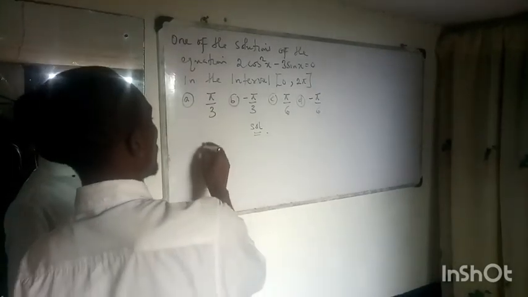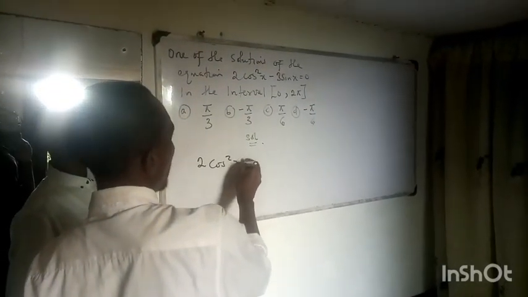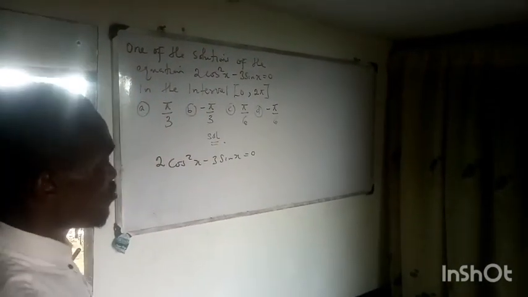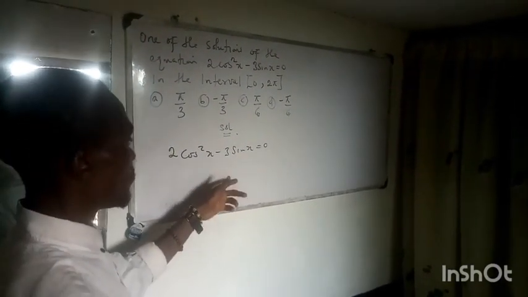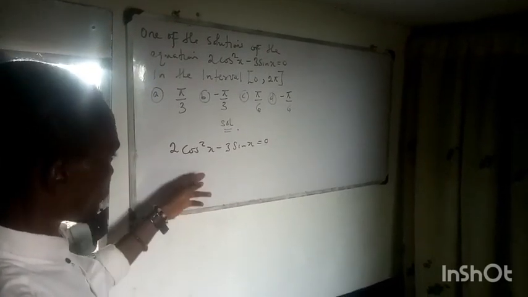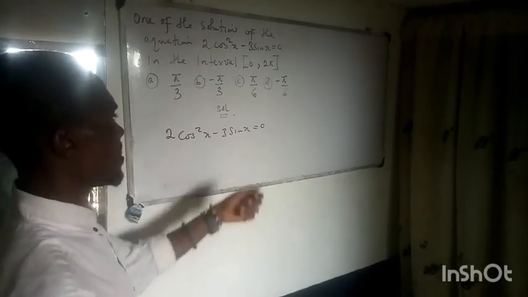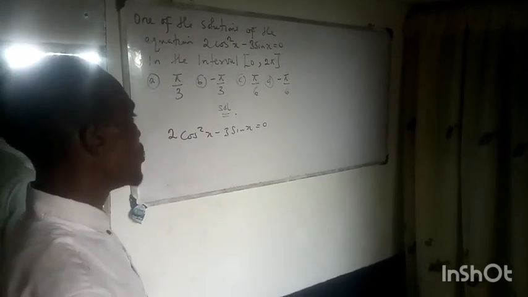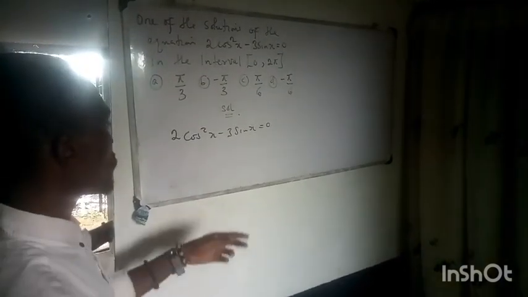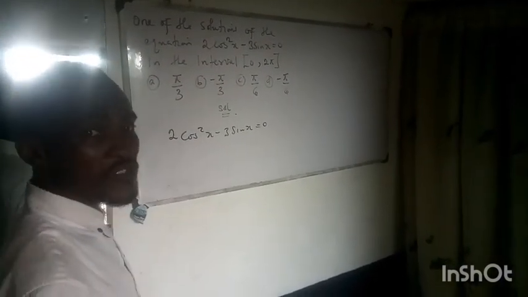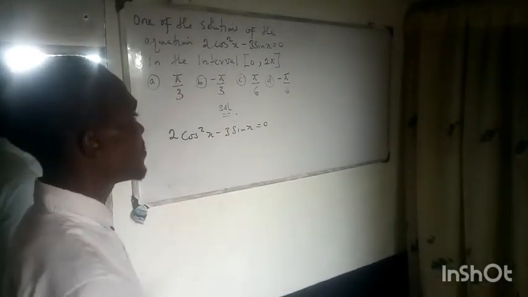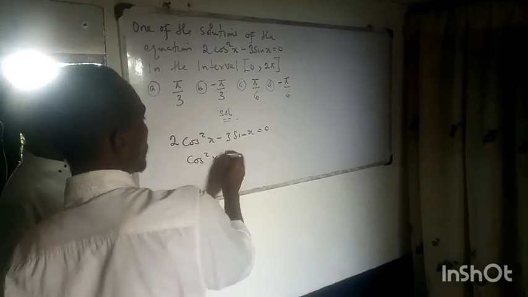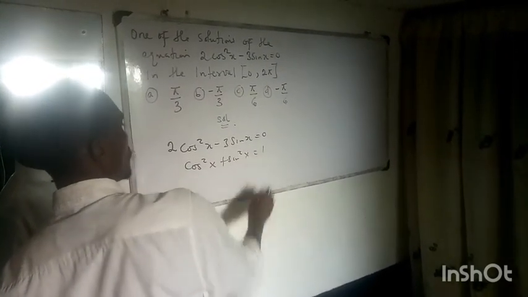Now we have 2 cos square x minus 3 sine x equals 0. Now when you look at this, you see that we have two different trig functions, cos and sine. It will be much easier if we work with only one trig function. So what we are going to do is see how to recast cos square x in terms of sine x. And don't forget the famous cos square x plus sine square x equals 1.